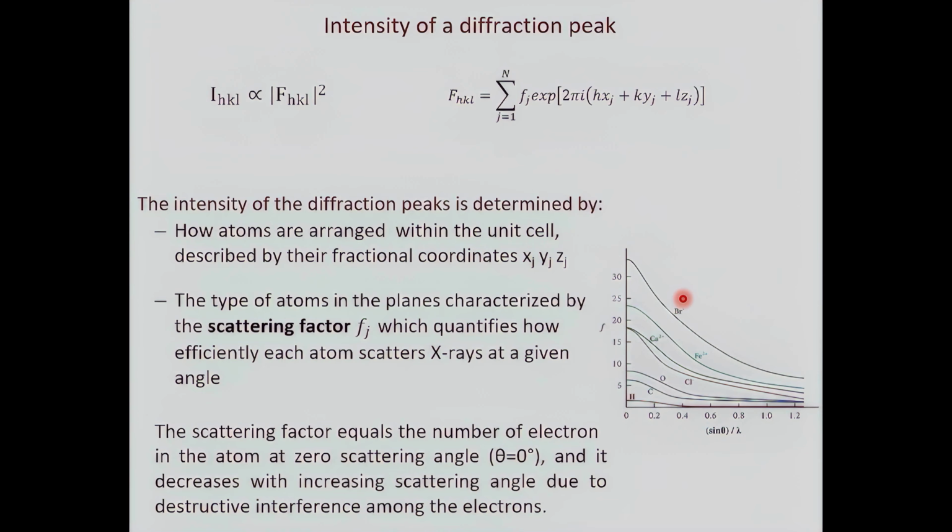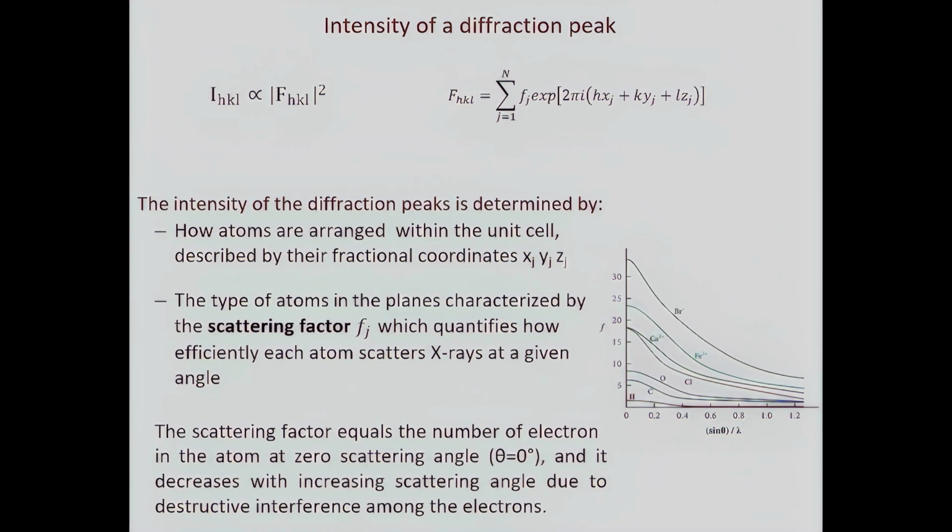You can see that we have a different curve for each type of atom with respect to theta, and the efficiency is maximum at 0 angle, where it corresponds exactly to the number of electrons inside the atom, and it decreases while we move from 0 to higher theta angle.